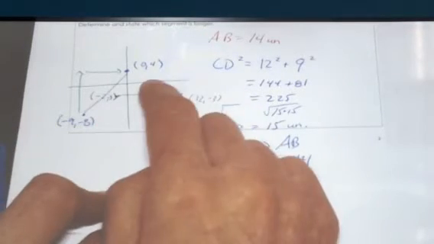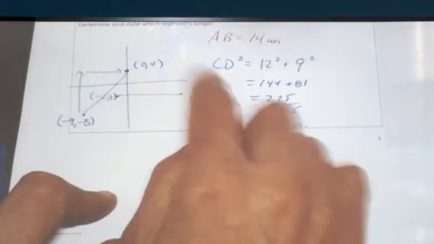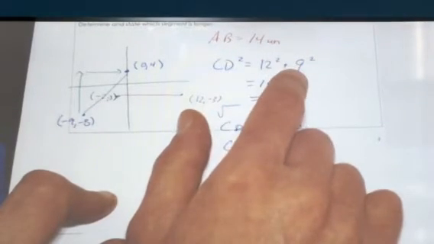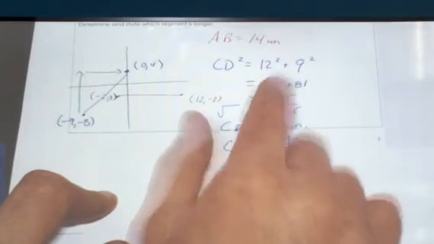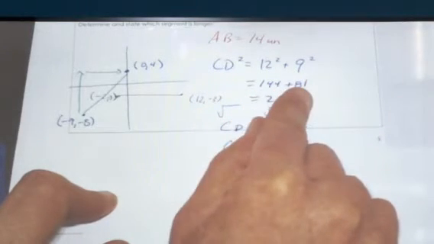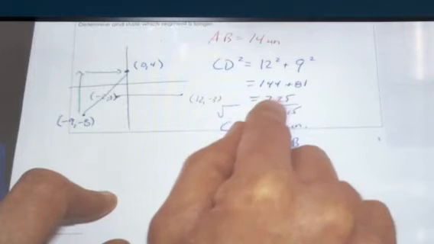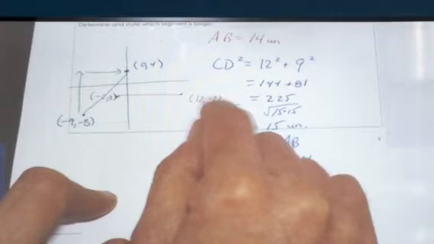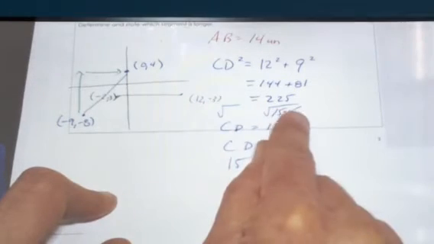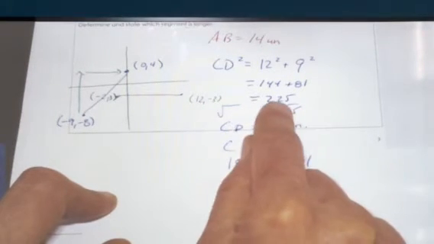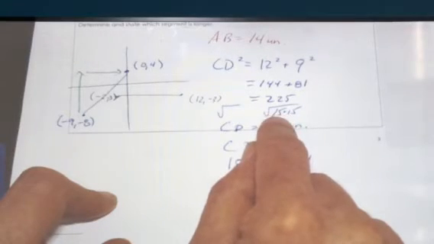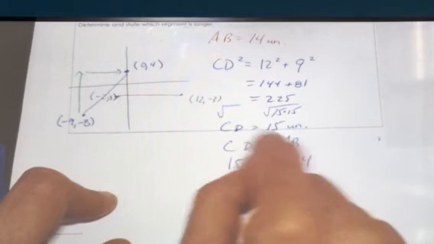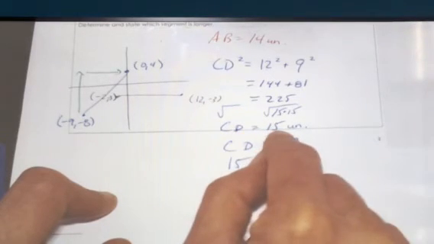So this blue diagonal squared equals 12 squared plus 9 squared equals 144 plus 81 equals 225. To find how long CD is, take the square root of both sides. The square root of 225, the square root of 15 times 15, is 15. So CD is 15 units.